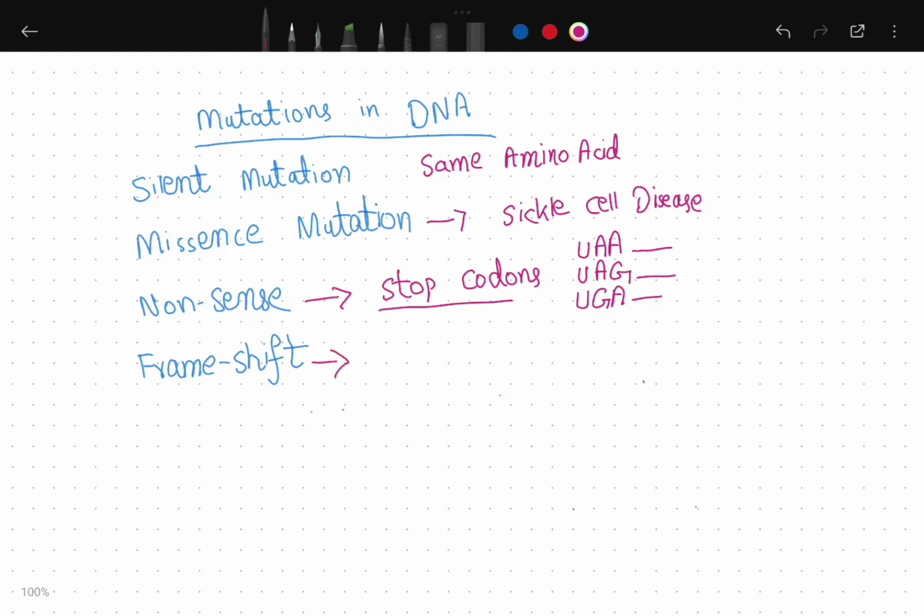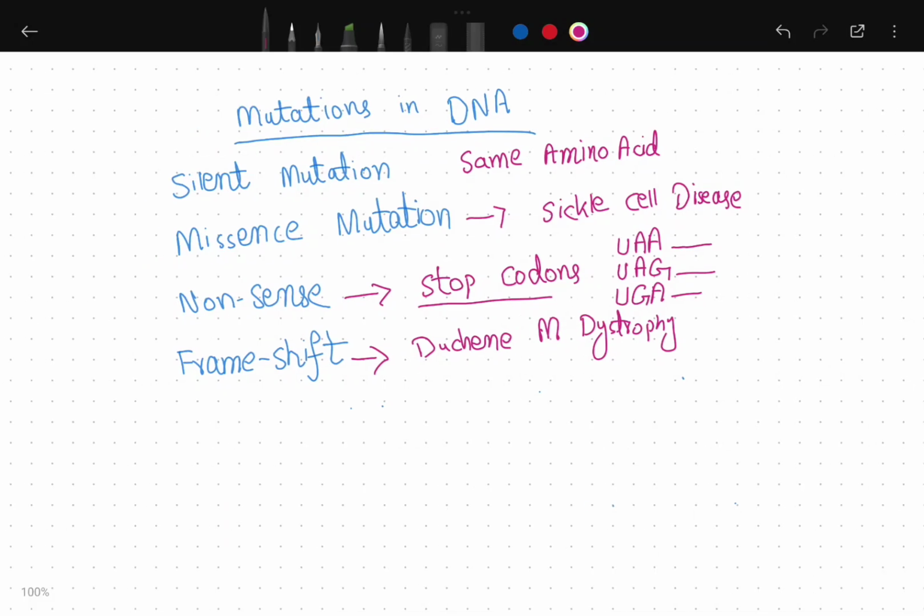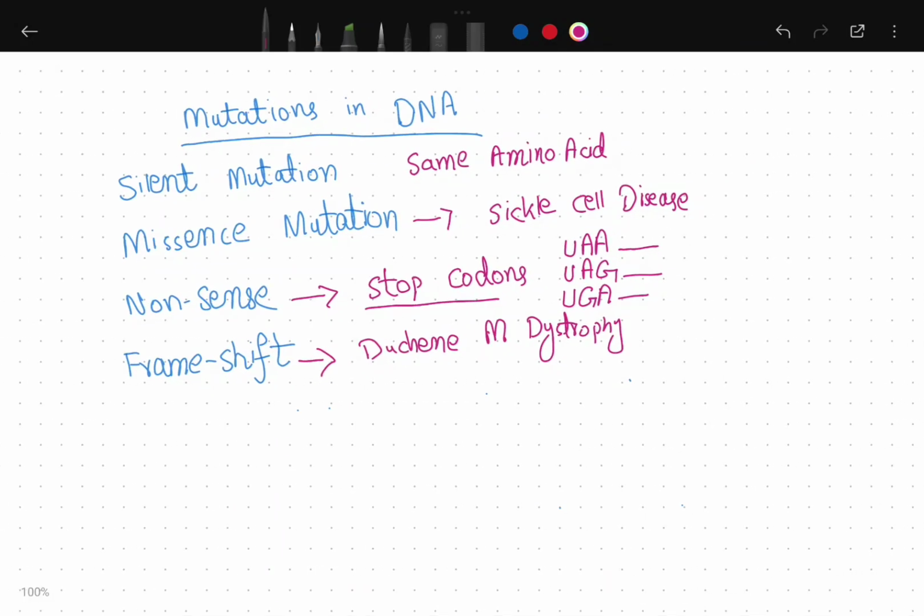Frameshift mutation happens in Duchenne muscular dystrophy, Tay-Sachs disease, and cystic fibrosis.